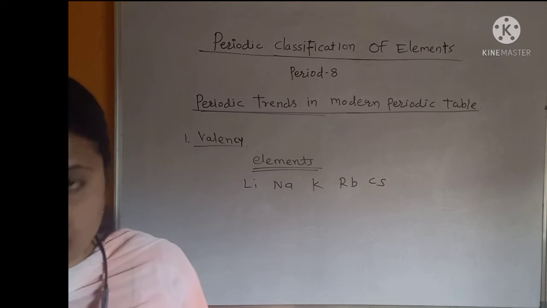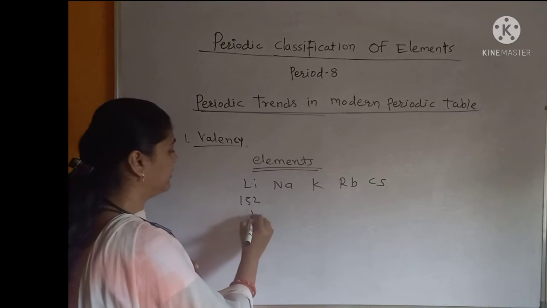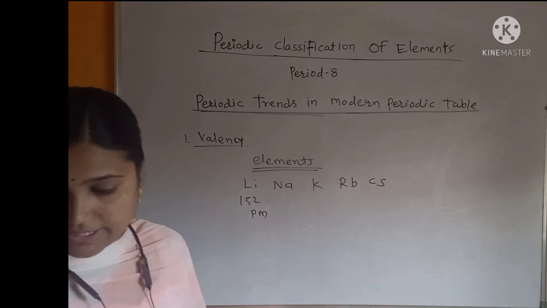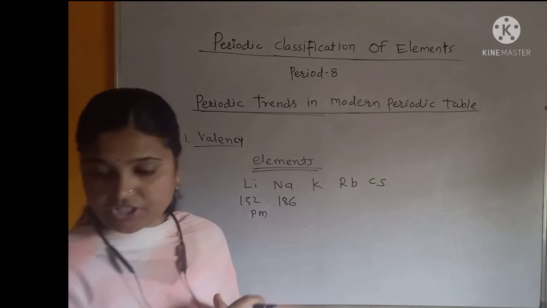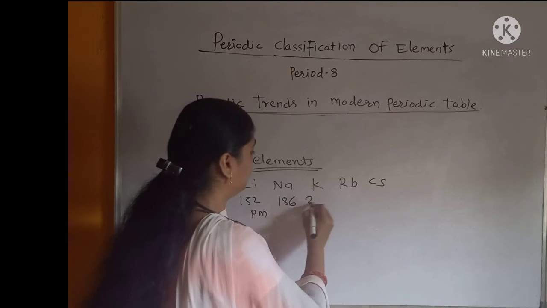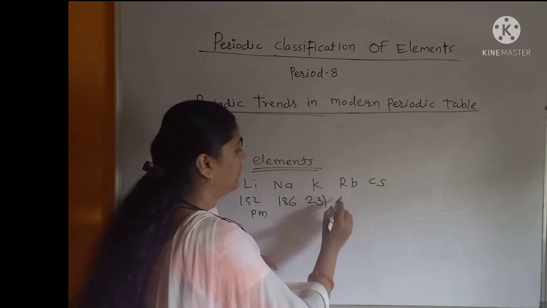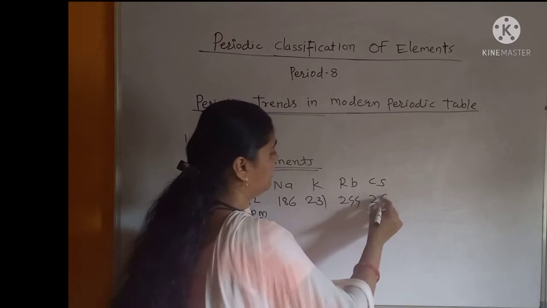The value of atomic size is given in picometers. Lithium's atomic size is 152 picometer. Then sodium is 186, potassium is 231, rubidium is 244 and cesium is 262.